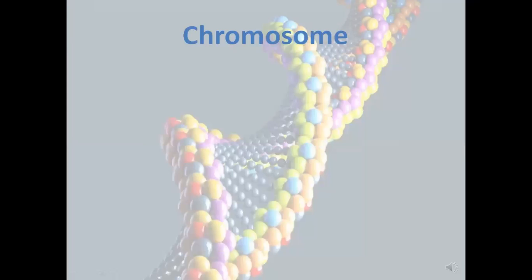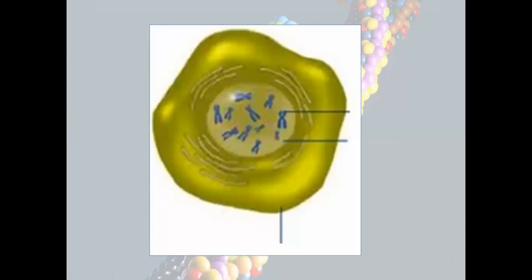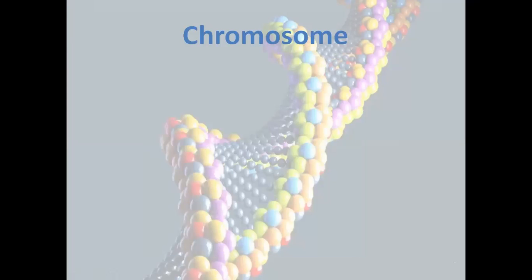Now, let's move deeper inside the nucleus. Inside the nucleus, we have these X-shaped structures. These X-shaped structures are referred to as the chromosomes. So chromosomes are found inside the nucleus, and they are responsible for carrying the genetic information.